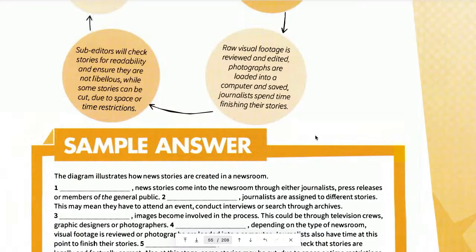If the time restriction is only 5 minutes, you cannot make a story for 10 minutes or 30 minutes. Time restriction is time limitation. Space restriction also: you cannot write too much. If they only give you 1 column, you have to finish everything within that 1 column. You are not allowed to write 2 columns or 10 columns. Limitation.